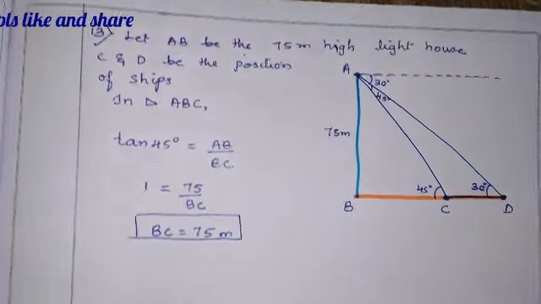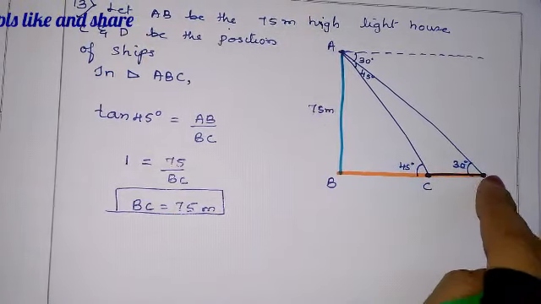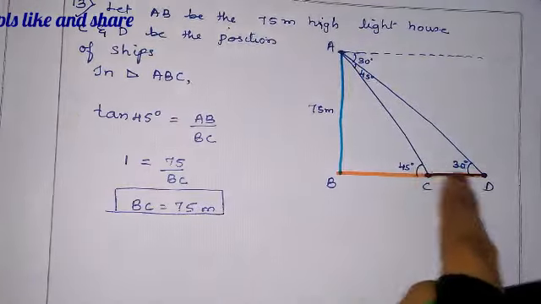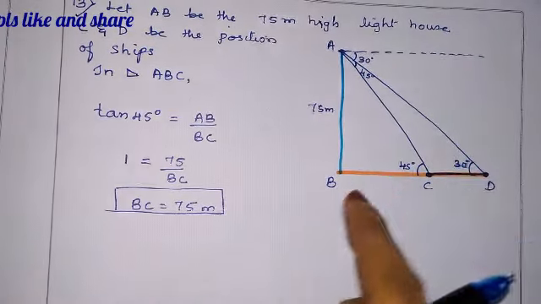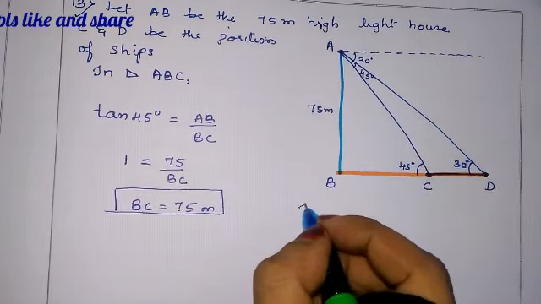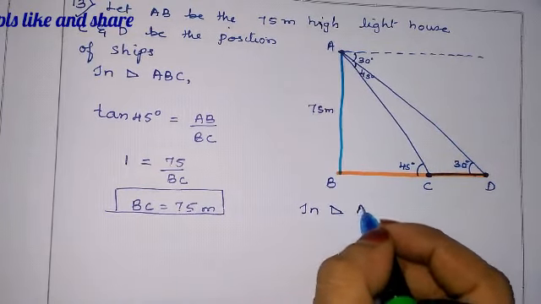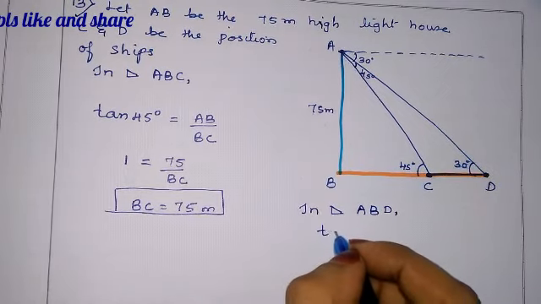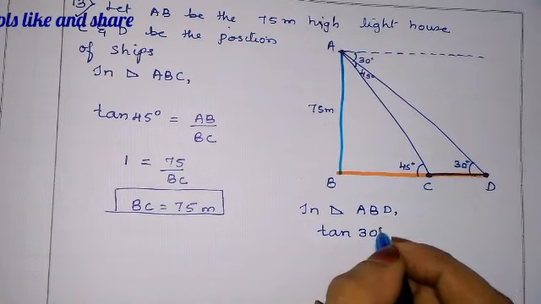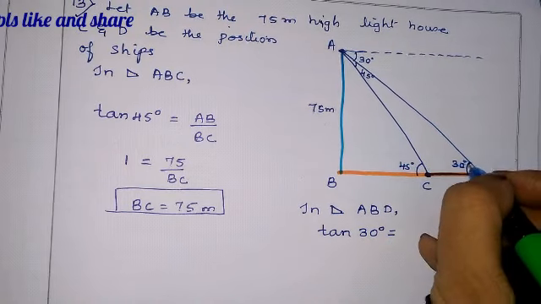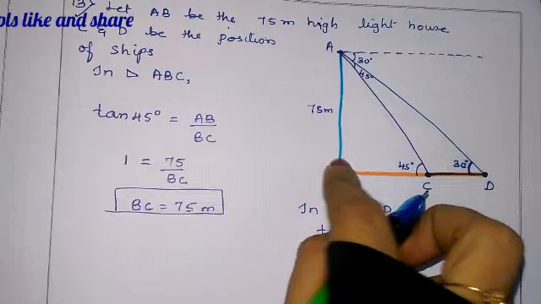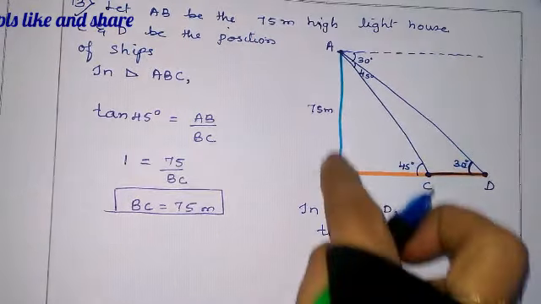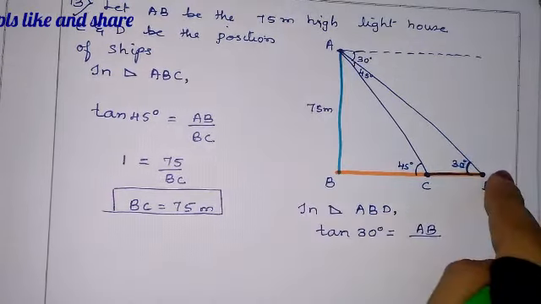Now let us focus on one more triangle, ABD, the full triangle. See, ACD is not a right angle triangle. So in triangle ABD, tan 30 degrees is equal to AB upon the adjacent side, because for the full big triangle it is AB by BD.